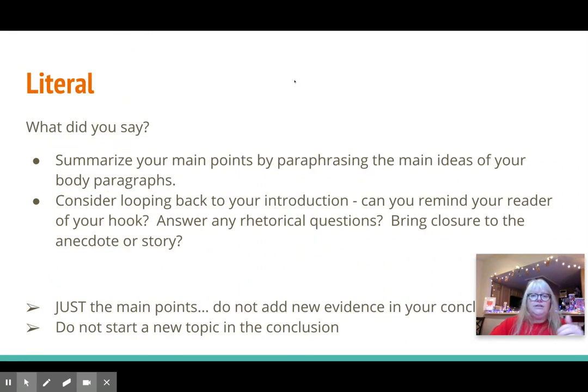So in the literal, you're going to tell them what you told them, but you're going to paraphrase, right? Summarize your main points by paraphrasing your claim, okay? Loop back to your introduction. If you started with an anecdote, go back to that anecdote and remind your reader what you were saying. If you said something about how children of divorce, when they're looking for a new place to live, often feel sadness instead of happiness, go back to that idea in your conclusion, right?